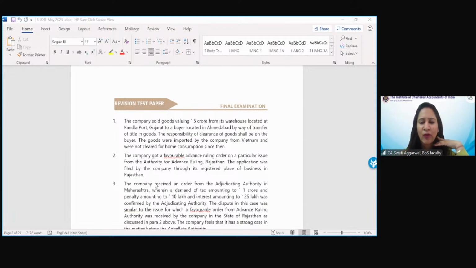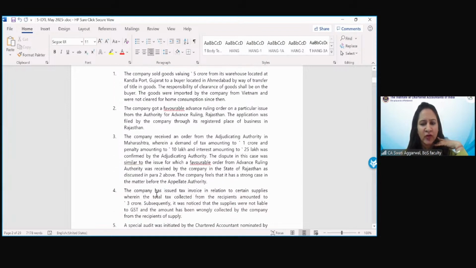Then coming to part 3, the company received an order from the adjudicating authority in Maharashtra, wherein a demand of tax amounting to rupees 1 crore and penalty amounting to rupees 10 lakh and interest amounting to rupees 25 lakh was confirmed by the adjudicating authority.